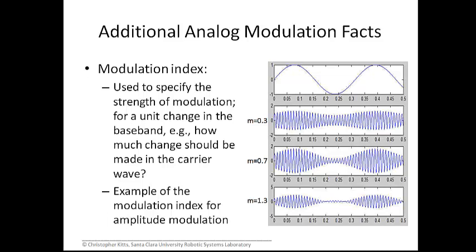So for example, if we're using amplitude modulation, if there's a change in the baseband signal, how much of a change in the amplitude of the carrier wave should we execute for that? Similarly, if we're using frequency modulation, for a given change in the baseband, how much of a shift of frequency should we use for frequency modulation?